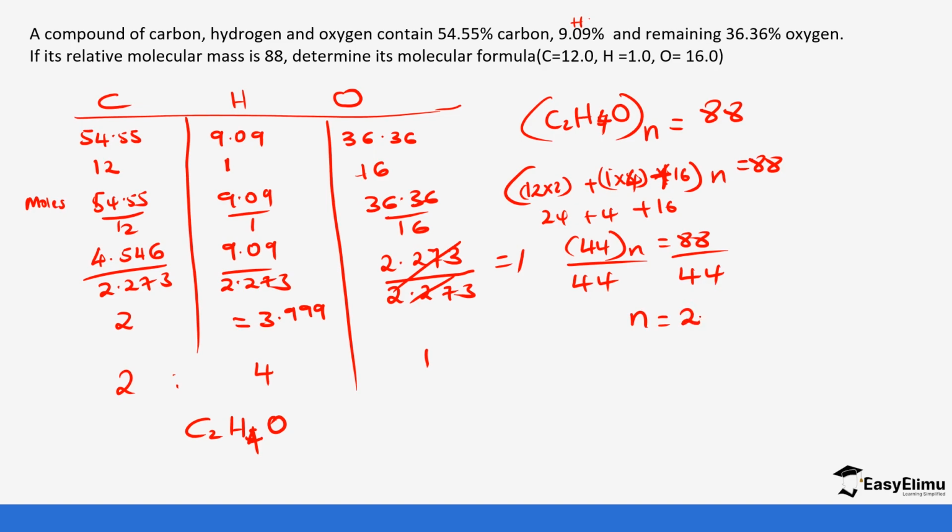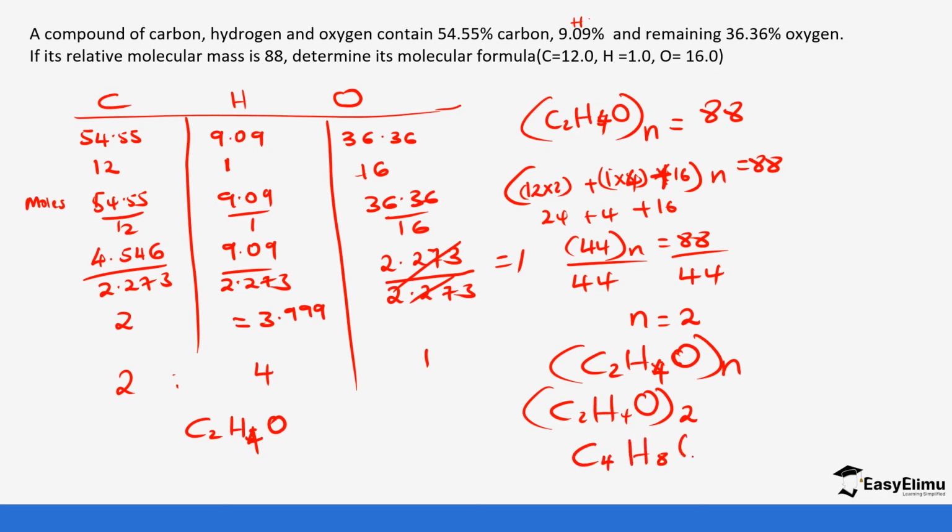So you go back to your empirical formula, which was C2H4O into bracket N. Now it's going to be C2H4O into bracket 2. So if you open the bracket, it's going to be C4H8O2. This is going to be our answer.